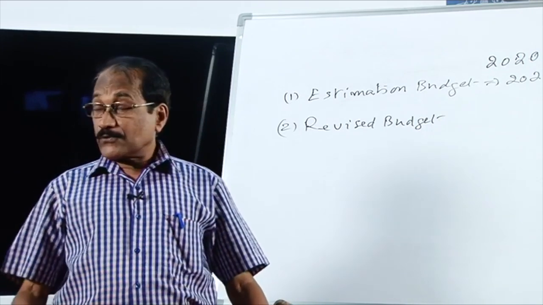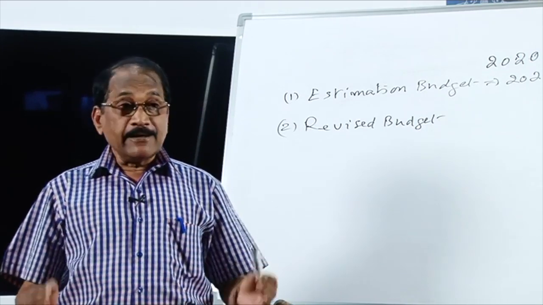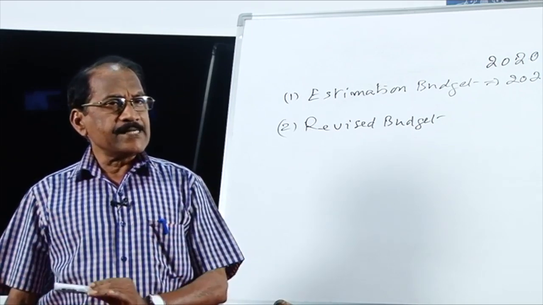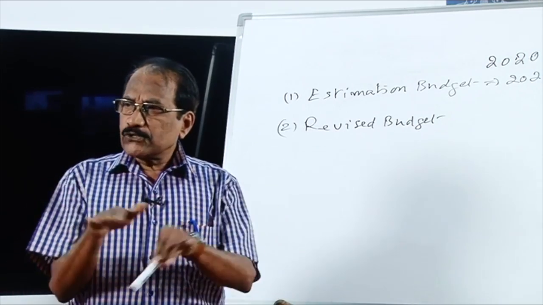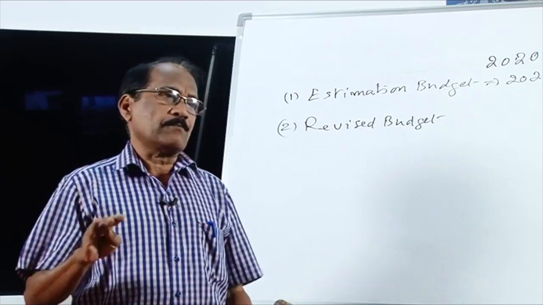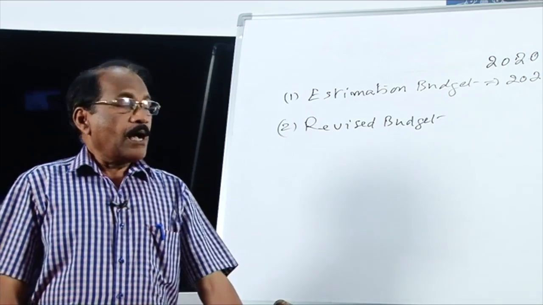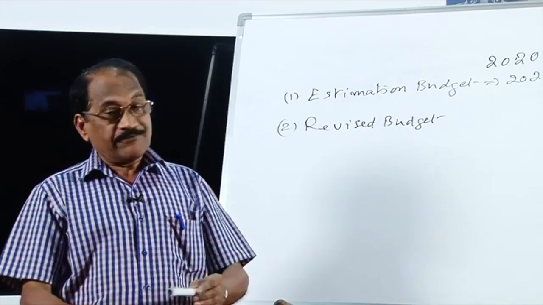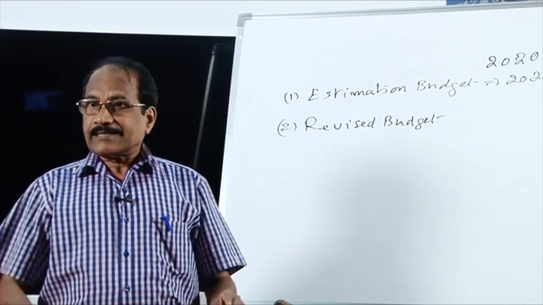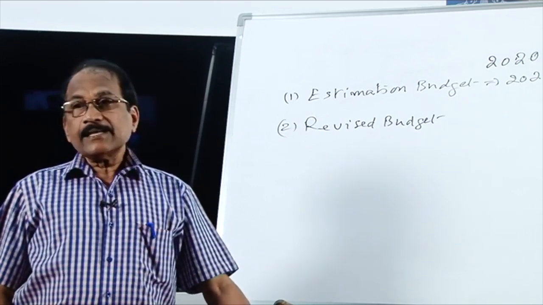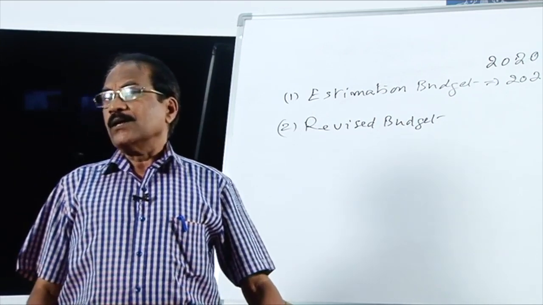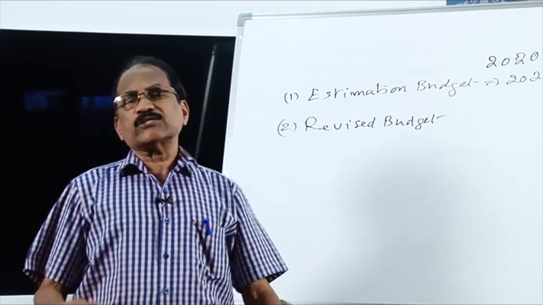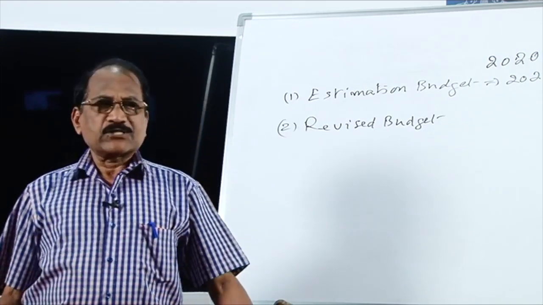On March 31st of 2020 the current financial year is ending, and the current budget will also be closed only after March 31st. The estimation budget prepared last year for this current year is now working. There, some adjustment with regard to the total revenue collection as well as expenditure may be essential.